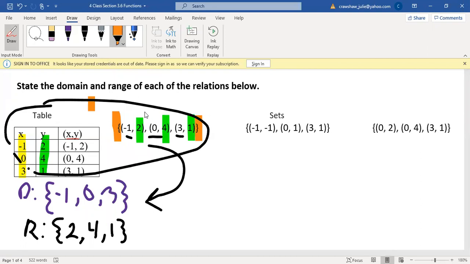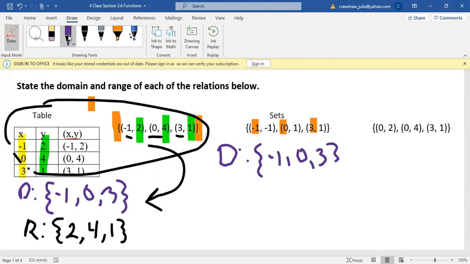So here's a couple other sets of relations. Over here, when I record the domain, I simply look at my x values. -1, 0, 3. And I just write those in a fancy set. -1, 0, 3.